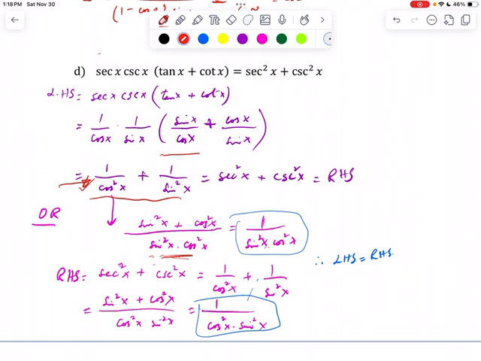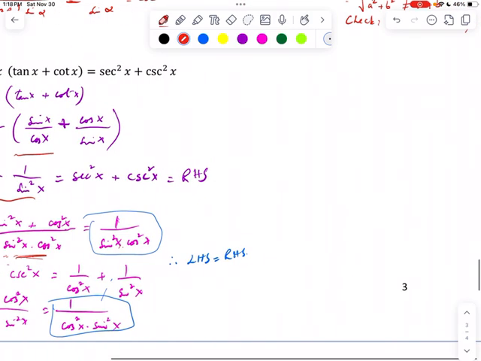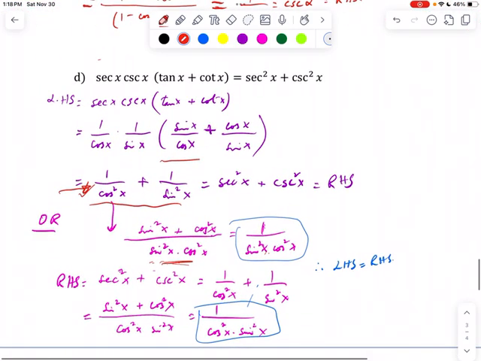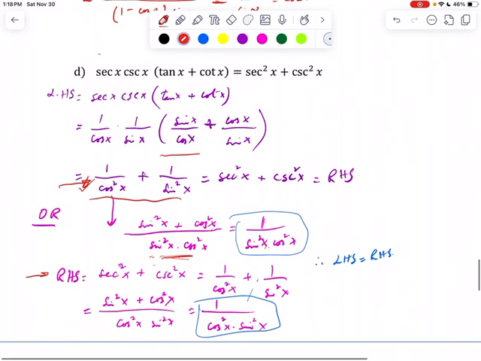So you arrived here, you say, okay, I arrived here, but this is not looking like my right hand side, so let me see what I can do with the right hand side. So now you take the right hand side and try to write that in terms of cosine and sine, and then go from there.